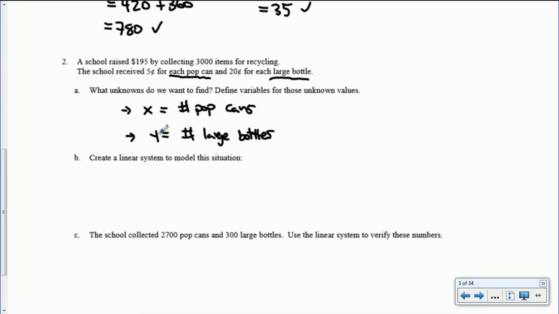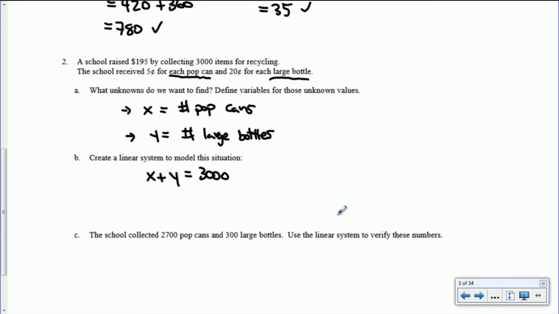So the number of pop cans and bottles need to add up to 3,000, right? So if it turned out that I collected 3,000 pop cans, I would have to collect 0 large bottles, right? Maybe if I collected 1,500 pop cans, this one would have to make up the difference, right? So they need to add to 3,000.